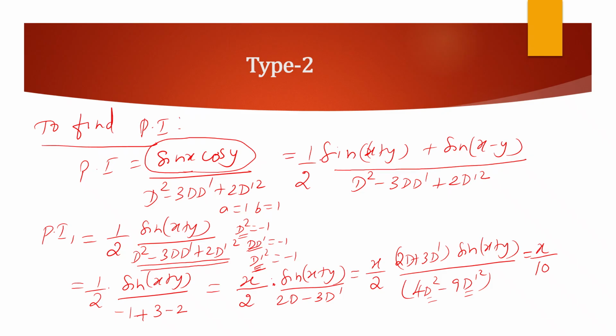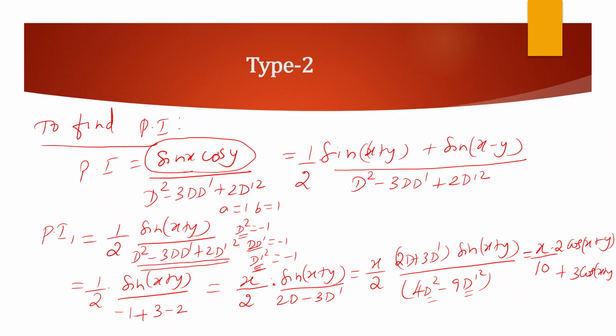In the numerator it is 2D of sine of (x plus y). 2D, that is 2 into D of sine of (x plus y), where D means dou by dou x, so it is cos of (x plus y), and plus 3 into D dash of sine of (x plus y), where D dash means dou by dou y, which is also cos of (x plus y).